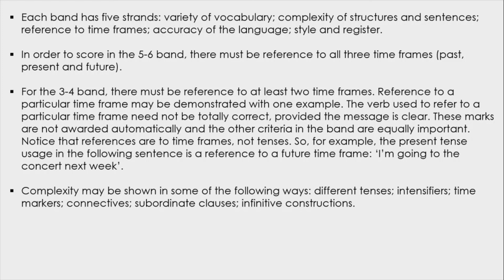Complexity may be shown in some of the following ways: different tenses, intensifiers, which I mentioned at the beginning of this video, time markers, connectives, subordinate clauses like if something is going to happen, or if I had to choose, if I had the time, if I had the money, and infinitive constructions.